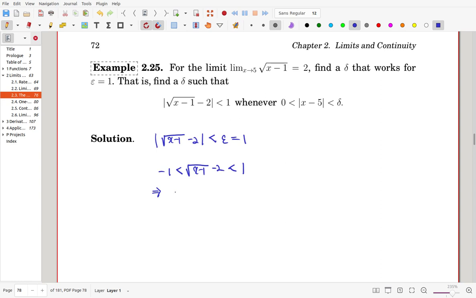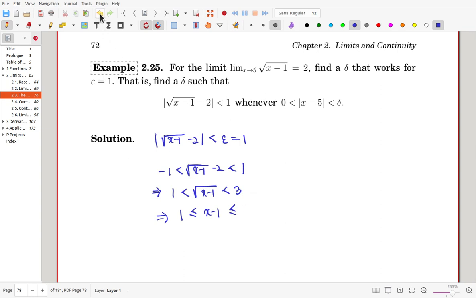Then that one will be 1, and the square root of x minus 1 becomes 3 by adding 2. Now we square them, and then here we have 1 and 9.